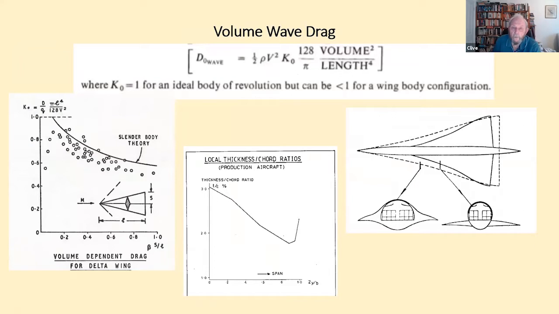The volume wave drag, the zero lift wave drag, if you like, depends on the area rule, I suppose, really, but it also depends on the square of the volume divided by the 4th power of the length. So the volume is actually quite an important parameter. In the early days, there was an argument between ourselves in Bristol and the boffins at RAE Farnborough.